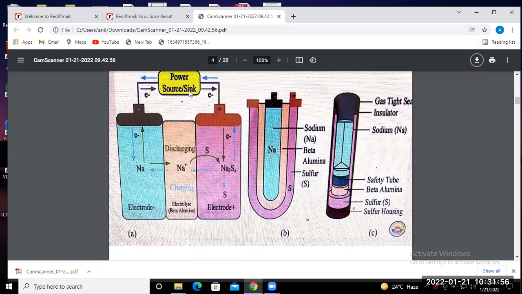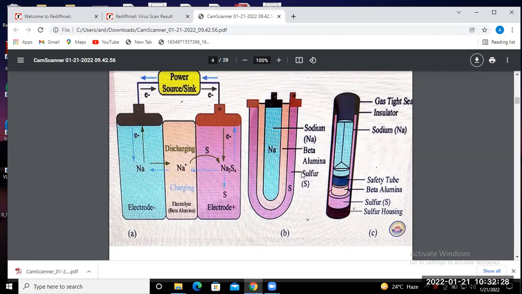Okay, so how can that material or liquid be contained? We may find it in a cylindrical structure. That means sodium is placed here, and this is the electrolyte separating the two liquids, that means sodium and sulfur. Okay, so this is your beta alumina, and this is another cylindrical structure, that means sulfur.